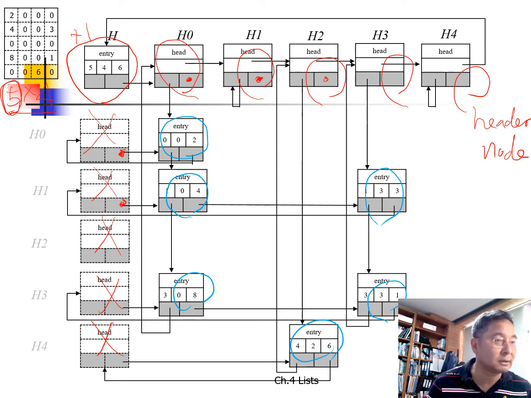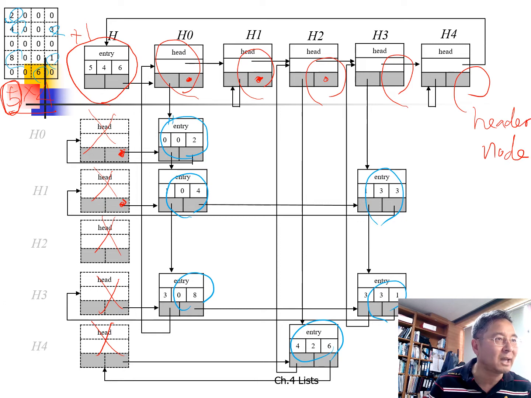Six entry nodes are here because there are 6 non-zero values. This one is the first one, 1, 2, 3, 4, 5, 6. Yes, there are 6 non-zero values, so we can represent the 6 entries.